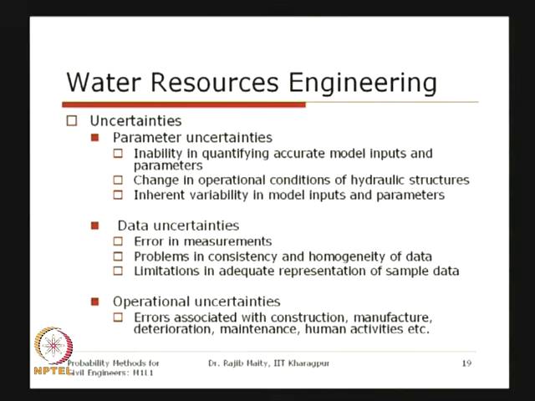Limitation in the adequate representation of the sample data, as I told a few slides back, is that the sample data that we are using must be the proper representation of the population from which the sample is drawn. If for a particular situation, I am forced to take the data, and it is not possible to ensure that the data is from the entire population, then obviously there will be some uncertainty in whatever analysis we do with that sample data.